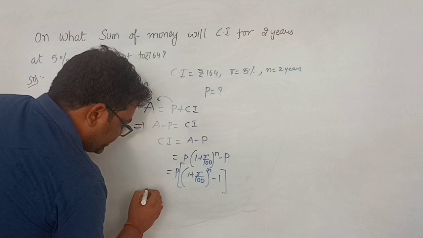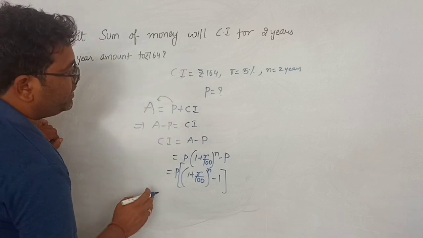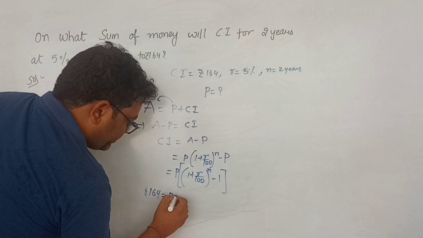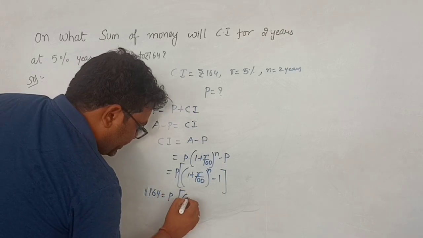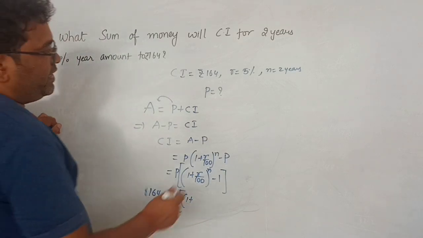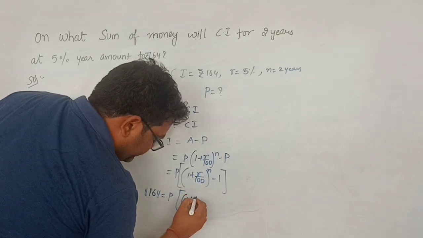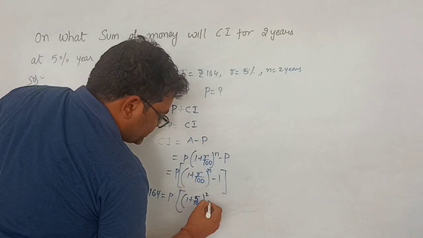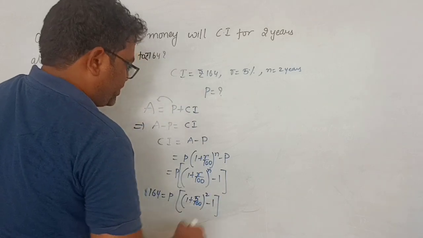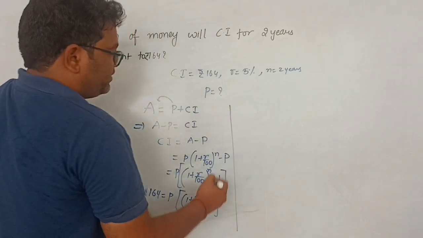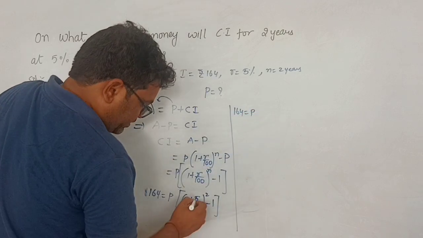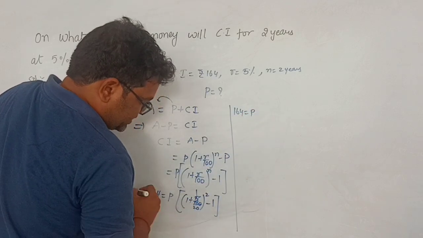So here CI is, we know, 164 rupees, and P we don't know, and 1 plus R by 100. R is given as 5 by 100, and N is 2 years, minus 1. Now here 164 is equal to P. 5 ones are 5, 20s are.